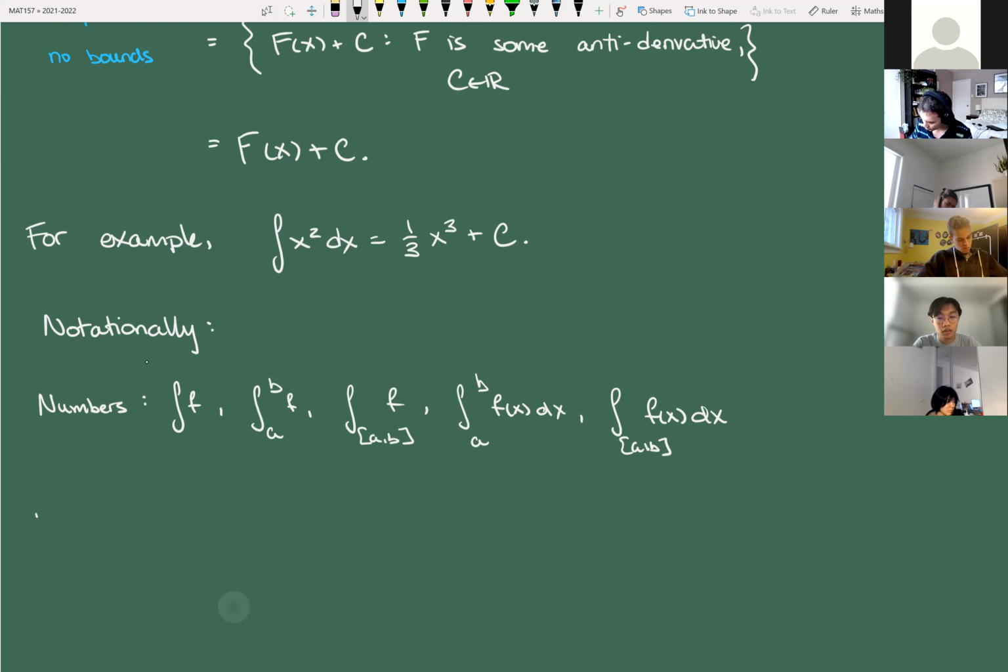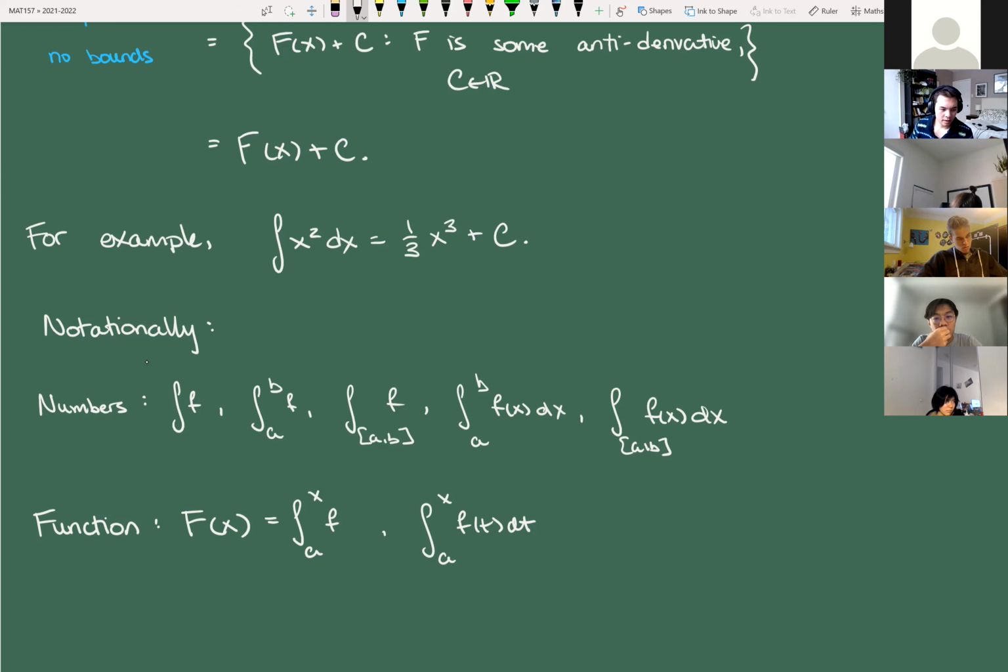The following is a function. Or we might write this as the integral from a to x of f(t) dt, or some possible variation of the notations above.